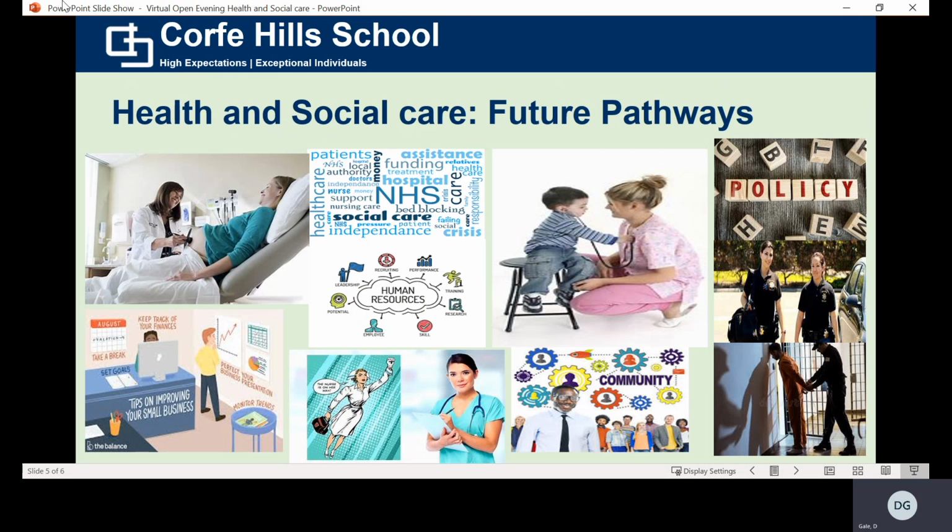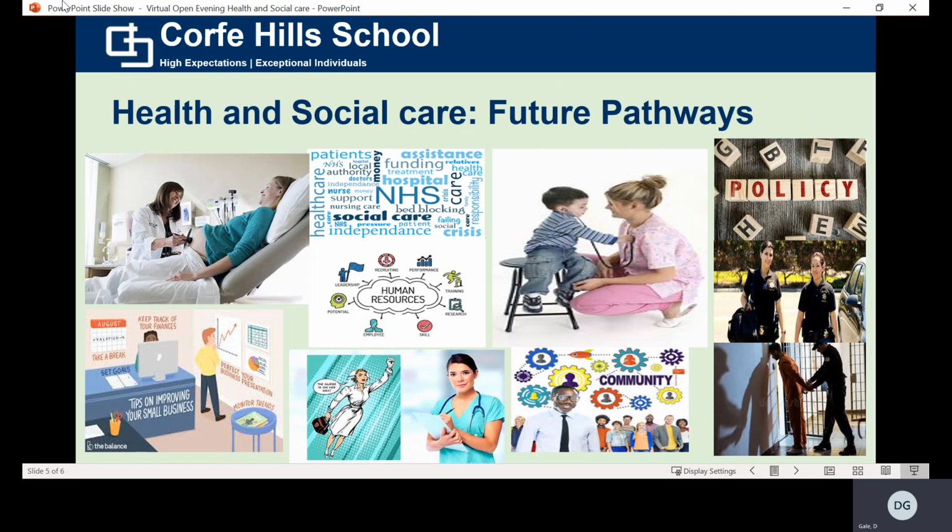So, where is this course going to lead me? Future pathways. There are numerous opportunities with the NHS. The NHS has thousands of job opportunities, ranging from nursing to physiotherapy to midwifery to school teaching, lots and lots of opportunities.